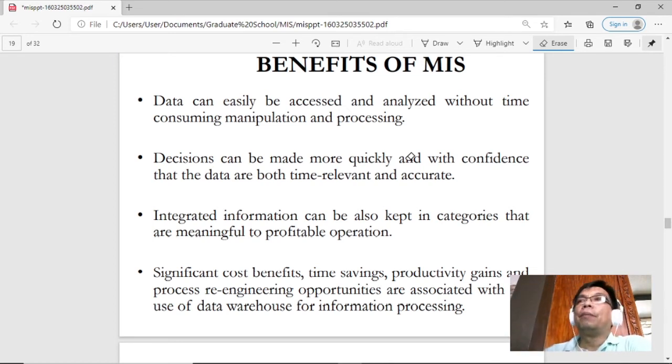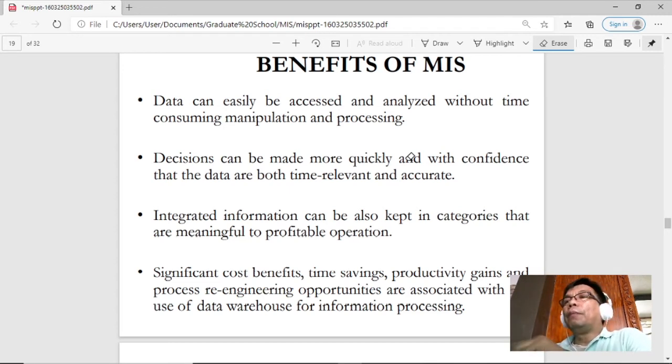Let's say, for example, the management would like to have a report on the names of students who haven't paid their tuition fee. Let's say the cash section can produce that report in 5 days manually, but you can produce that report with just a push of the button if you're using an MIS.